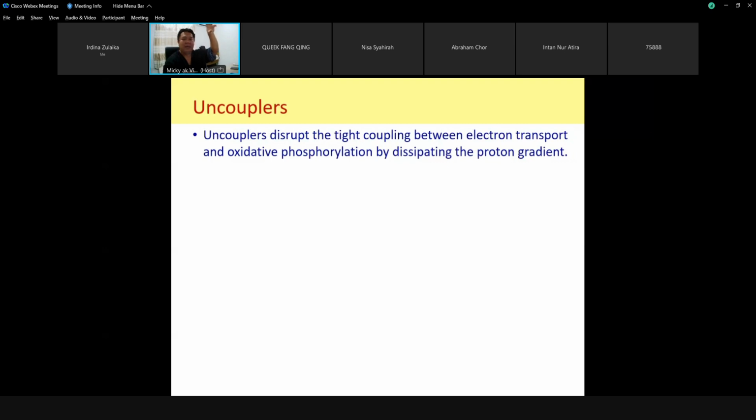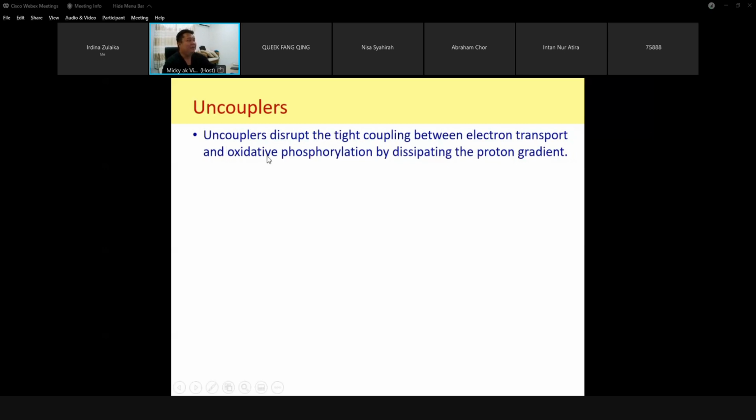Sometimes there is a third party interfering. There is still a movement of H going out and a movement of H going in, but not through the ATP synthase. Another mechanism interferes, and this third party is called the uncoupler. It still helps the H to enter, but not through the ATP synthase. So, uncouplers.